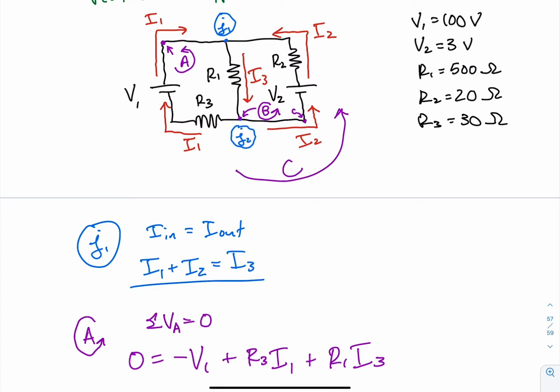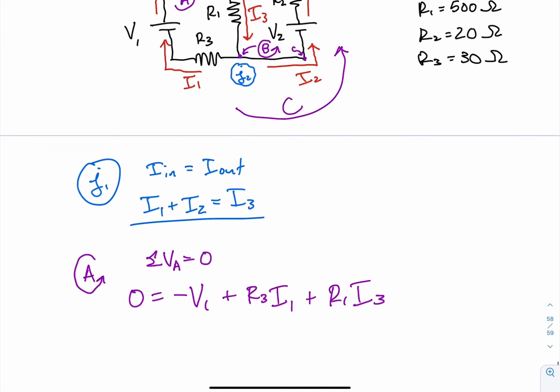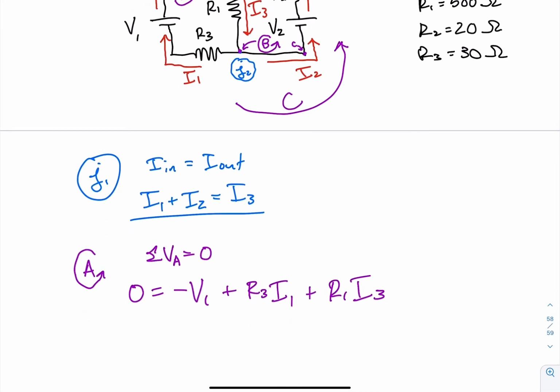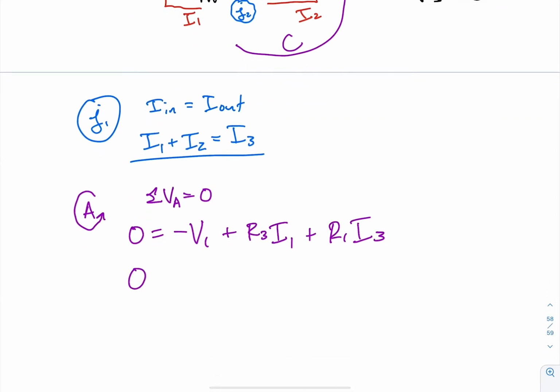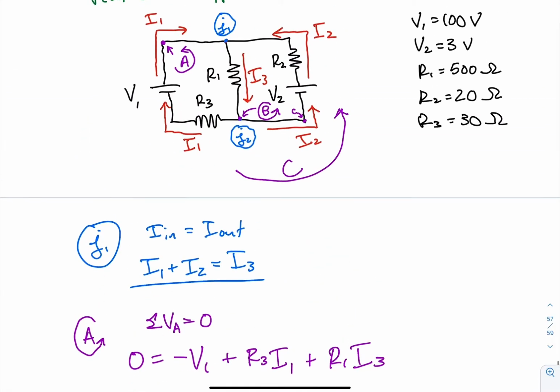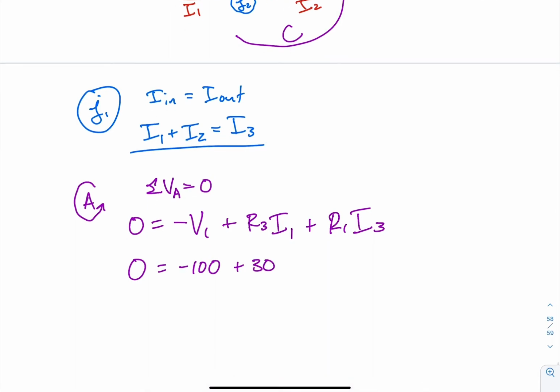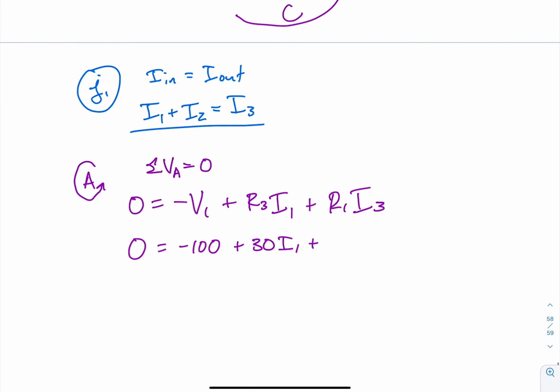That concludes our voltages for loop A. I'm going to do one more step here and put in the numbers. Voltage 1 was 100. R3 was 30. And R1 was 500.